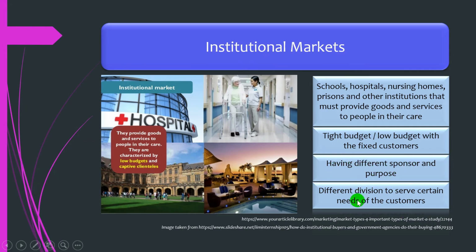And then the next is they also have different divisions to serve certain needs of the customers. Let's take the example of the hospital. The hospital will have so many divisions, for example for the bones, for the heart, for common injuries, and so on. It is just to serve certain needs.